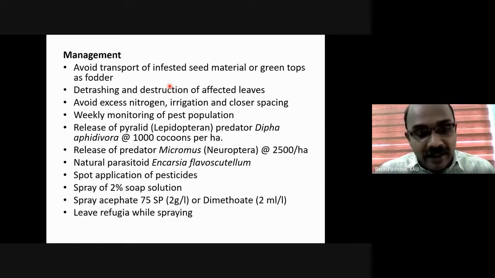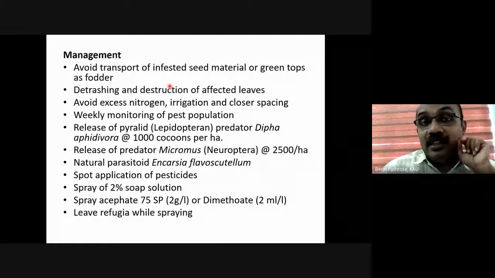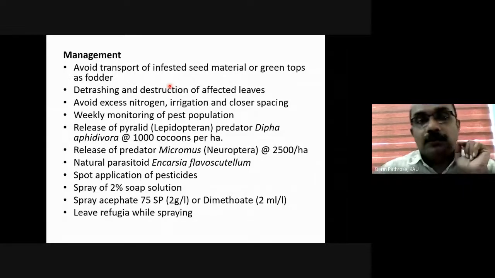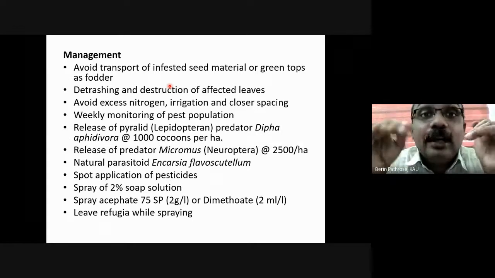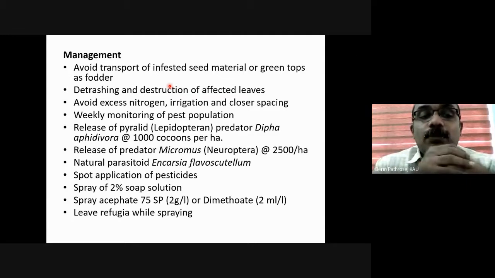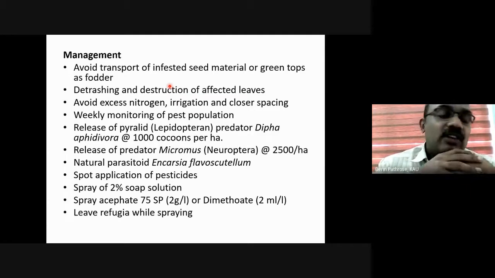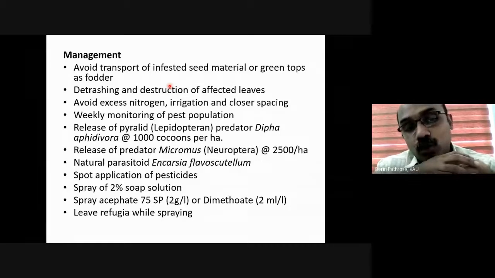The family is Pyralidae, so it is a pyralid predator. The name is Diaphaenia ephidivora. This is unique. Remember this is a lepidopteran predator; its larvae feed on the sugarcane woolly aphid.